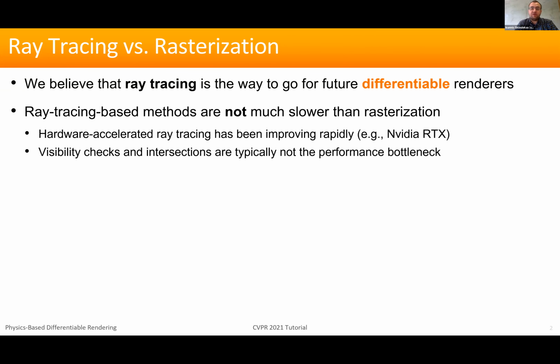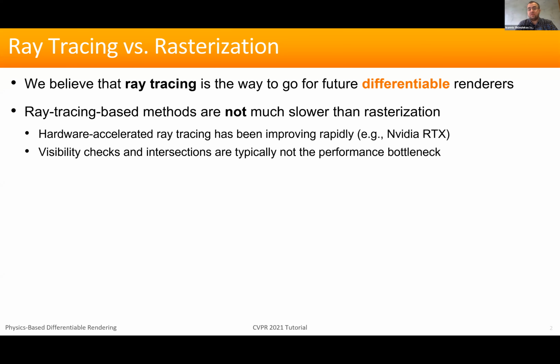Now, especially when we consider direct only illumination, which is the setting where rasterization renderers are limited to, ray tracing techniques can actually be competitive, a lot faster than rasterization-based differentiable renderers. And this is in large part because ray tracing operations and other integral operations for physics-based forward and differentiable renderers have now become available on GPUs, for example, the NVIDIA RTX system.